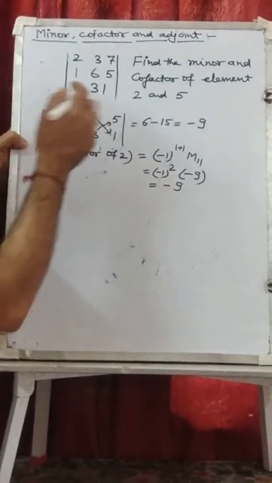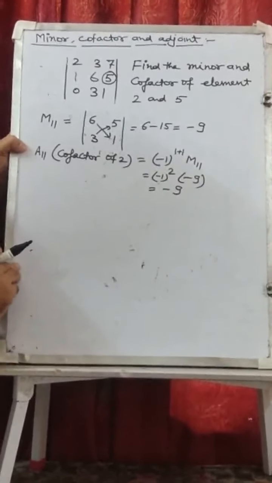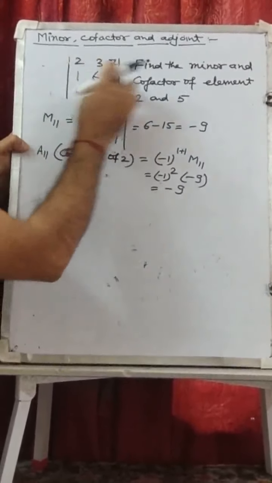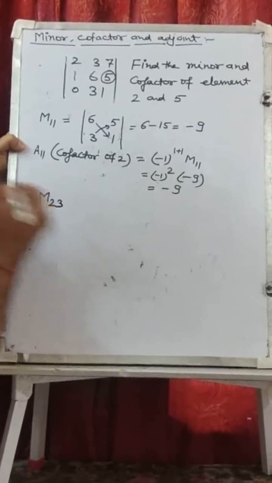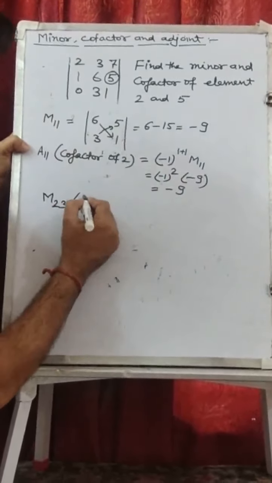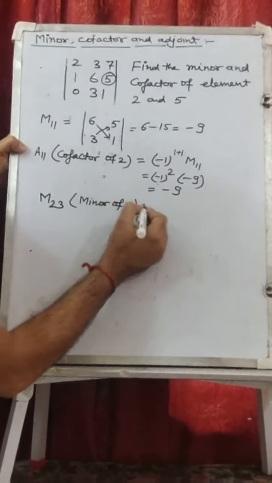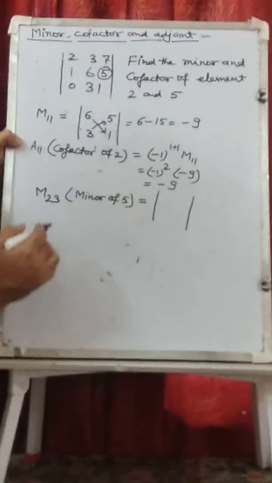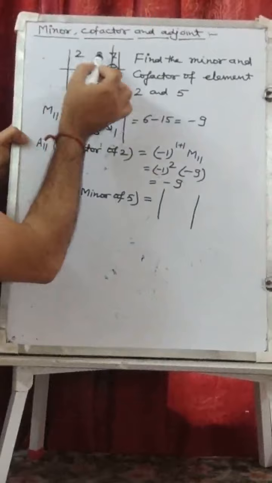Similarly for 5, so let us take 5. 5 is denoted by which element? A23, second row, third column. So M23, the minor of 5, is equal to the determinant obtained by deleting second row and third column. So what is left? 2, 3, 0, 3.